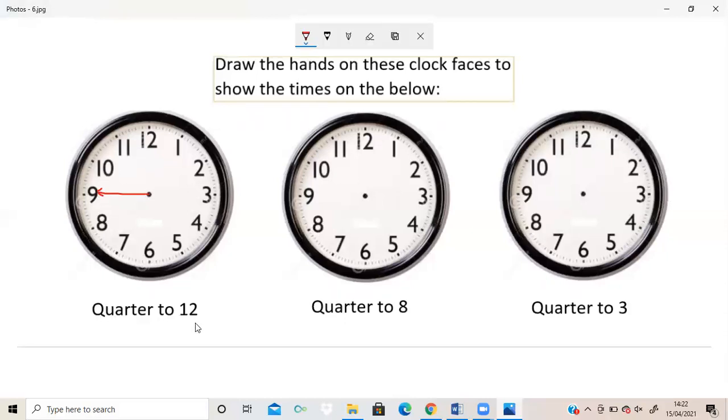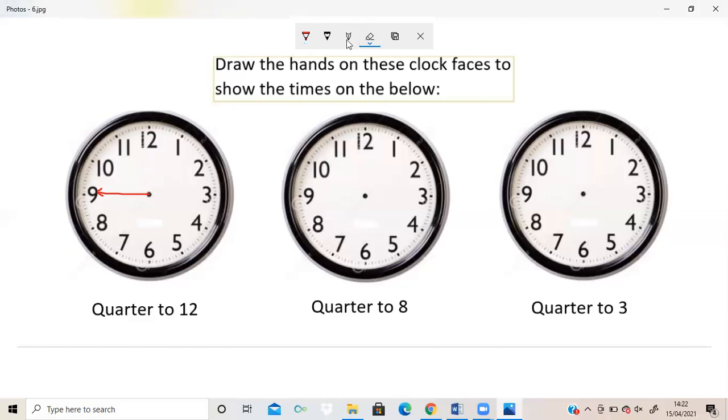And the question is where the hour hand should be. So it is 11:45. So the hour hand destination is 12, but it's not exactly on 12, just before 12, because a quarter of the time is left. So it's just before 12, not the middle.